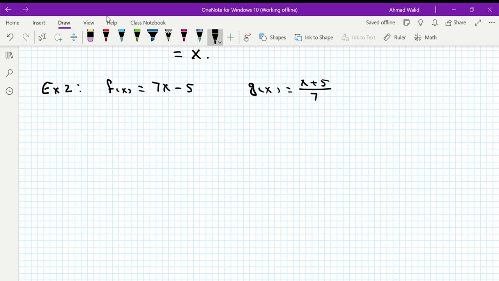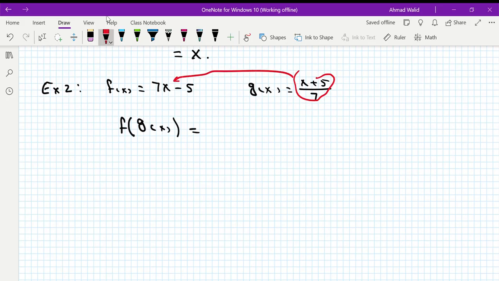Correct? What I do, I'll find f of g of x or g of f of x, which one I like. f of g of x means plug in g in the variable x.